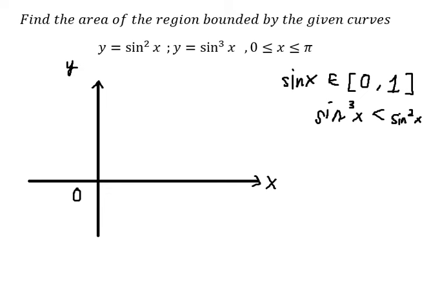So we know that the graph should be like this. And the graph of sin x to the power 3 is smaller than this one. So the graph should be like this.